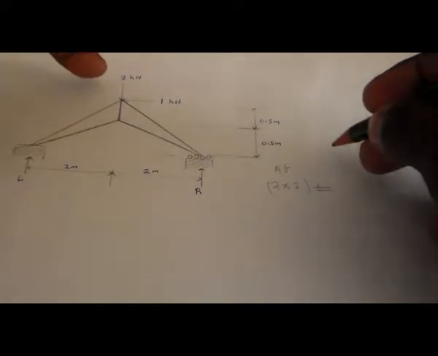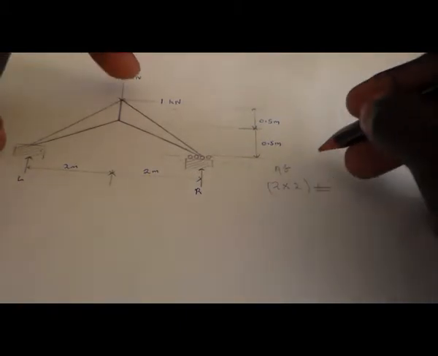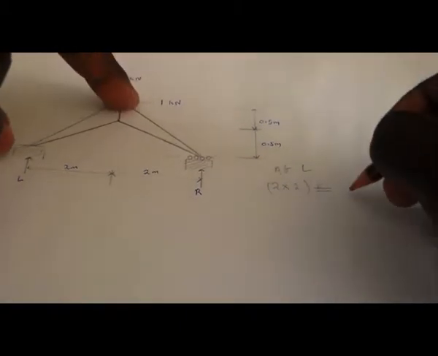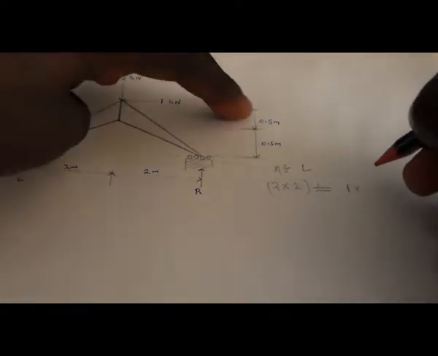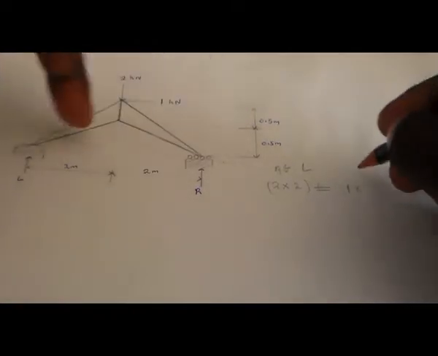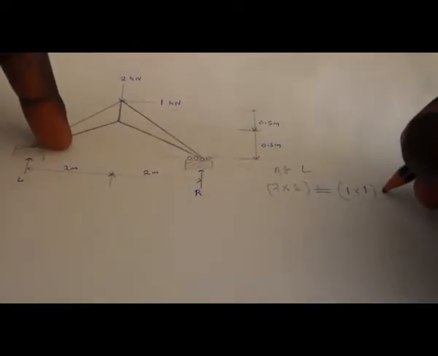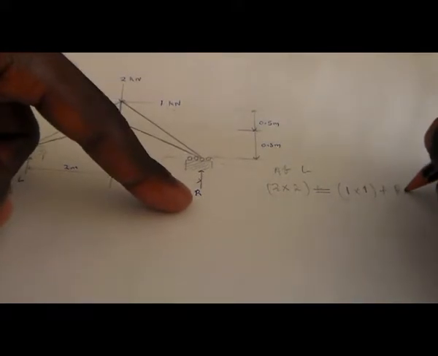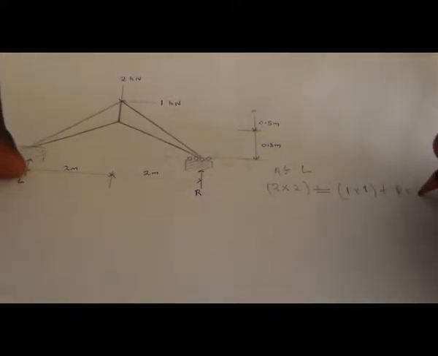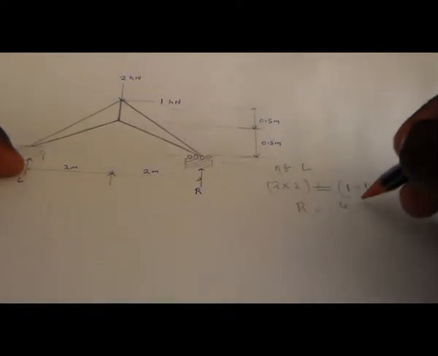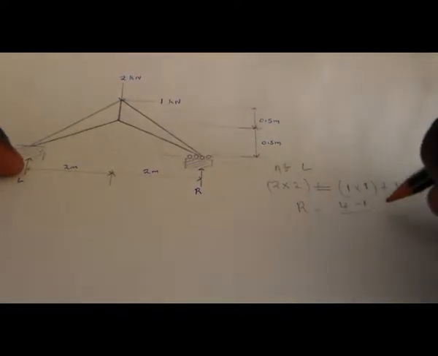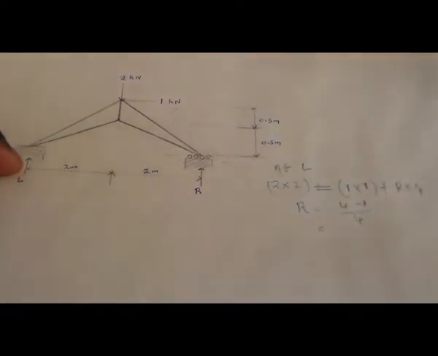So it will equal 1 multiplied by the distance from this point to the bottom, which is 0.5 plus 0.5, so 1, plus R multiplied by the whole distance, which is 4. So 4R is going to be 4 minus 1, all over 4. Therefore it's going to be 3 over 4, which equals 0.75.